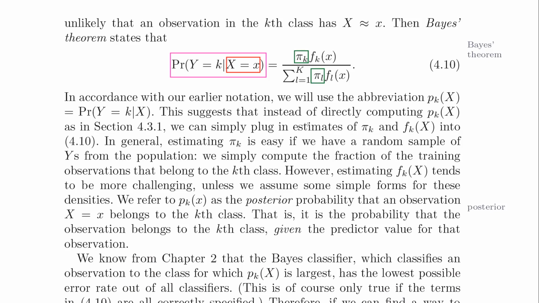And the book says that's not too difficult to estimate, these green probabilities, these overall probabilities. What does get a lot harder is the FKs, the FK of X's.